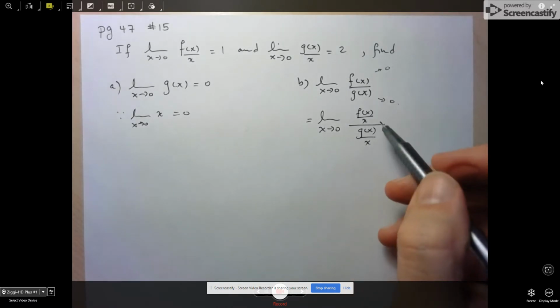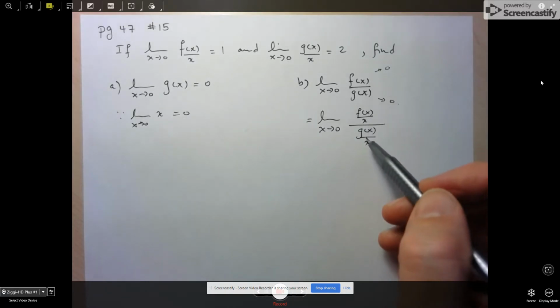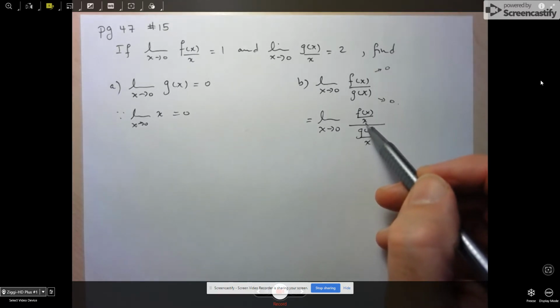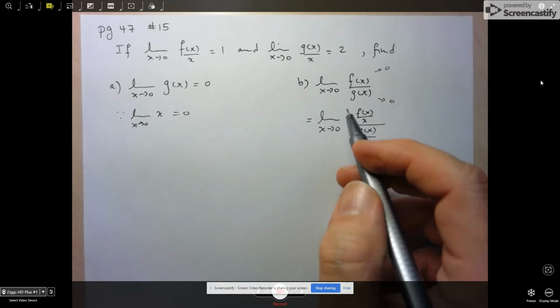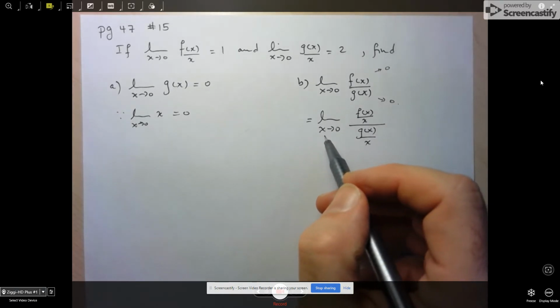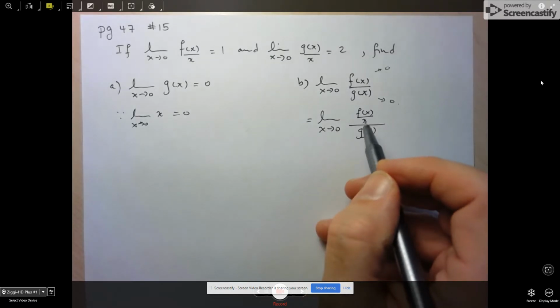First of all, we know that this is a legal operation because the fraction will be the same if I multiply or divide numerator and denominator by the same number. And the fact that I'm dividing by something which is going to create a 0 in the denominator at 0 is not important, because remember, a limit is only interested in what's happening when I'm approaching 0, not what happens when it's equal to 0.